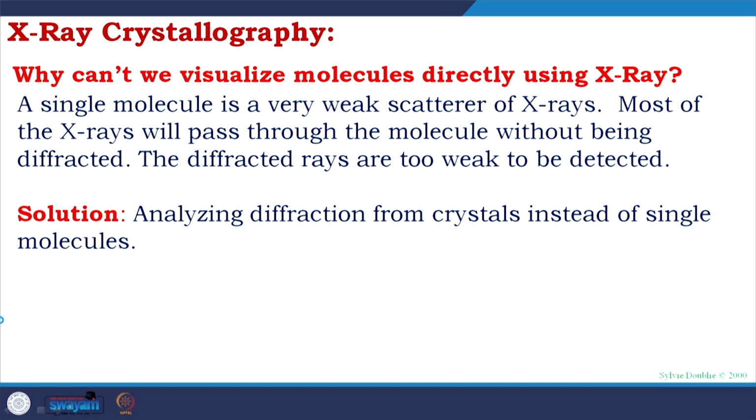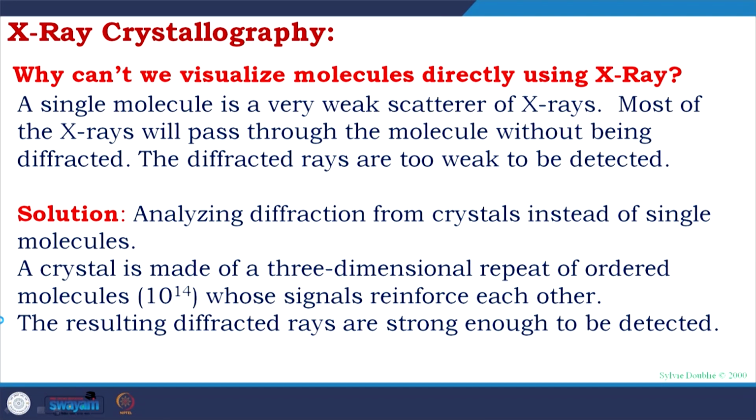That is the reason we are going from understanding a single molecule of protein to a crystal. We need a crystal because a crystal has a lot of molecules. A crystal is made of a three-dimensional repeat of ordered molecules, 10 to the power 14 approximately, whose signals reinforce each other. The resulting diffracted rays are strong enough to be detected.